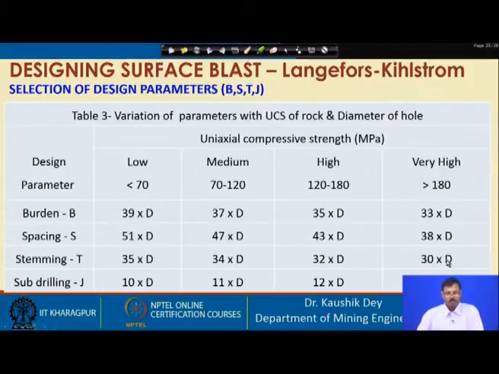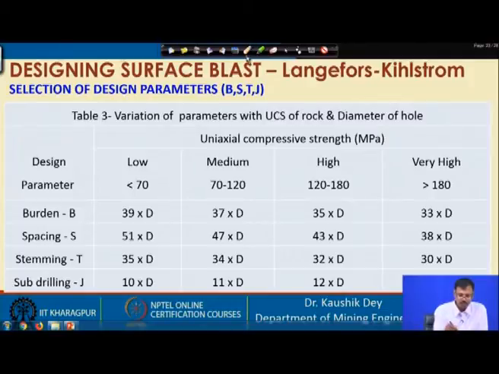So, for a small diameter hole, what should be the different blast design parameters? As he has already told, it must be based on the diameter of the blast hole.